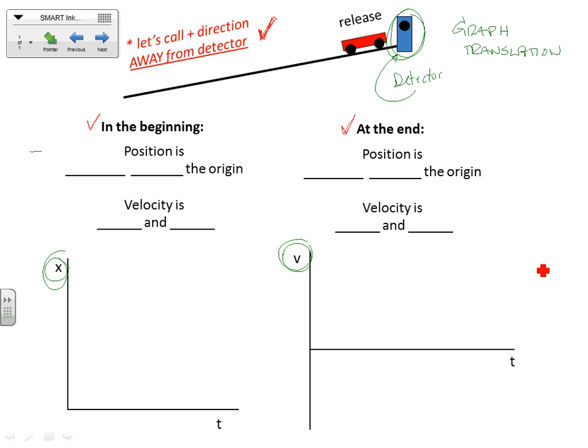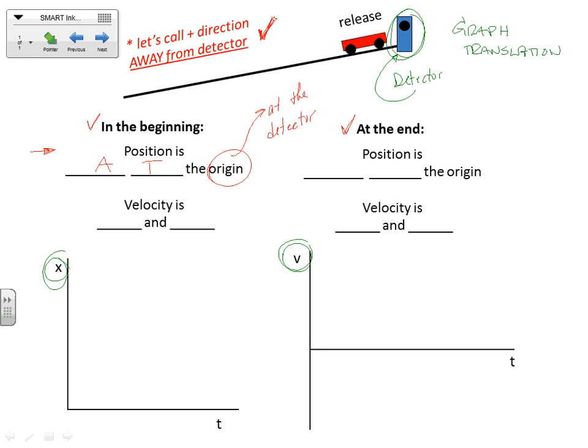All right, let's start right here at the beginning. What can you tell me about the position? Where is this thing located? Origin really means at the detector. Origin is 0 meters away from the detector. So in the beginning, with the cart sitting right in front of the detector, let's just say the position is at the origin.